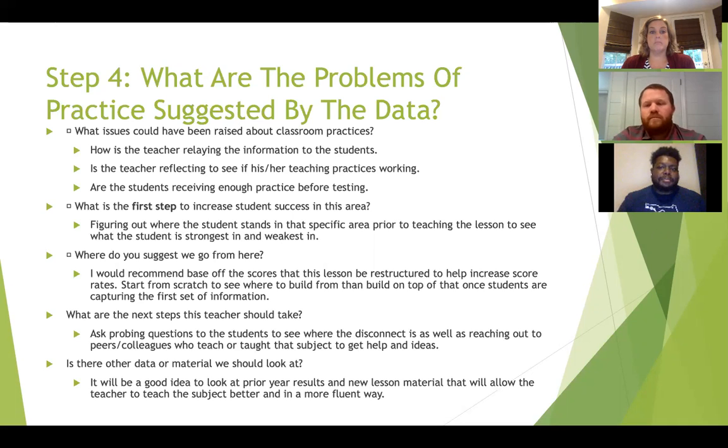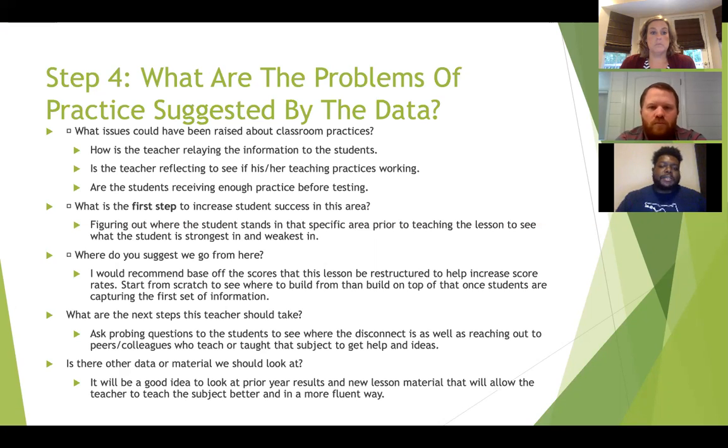Does she need to change it up? Because each student learns differently. So because each student learns differently, I feel like during her practices with the past results, she probably needs to take a step back. There's nothing wrong with self-reflecting, understanding what went well, and also what can be improved on so that her test scores can be improved on the next lesson.